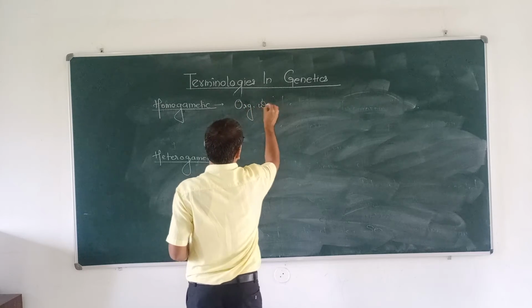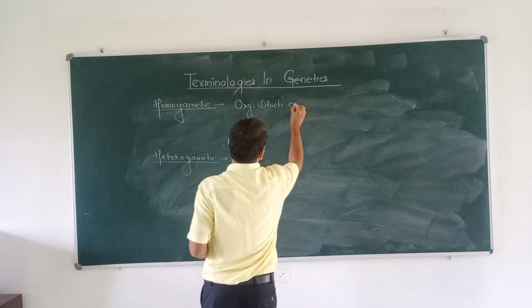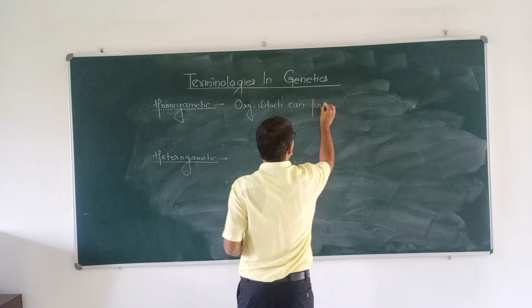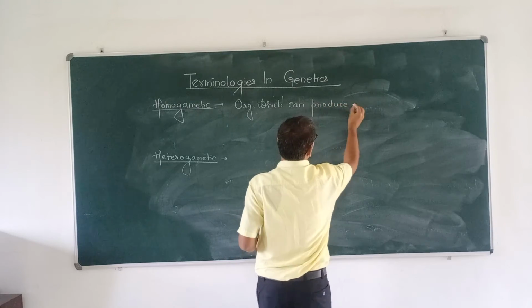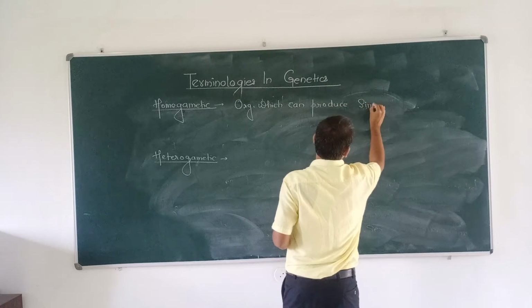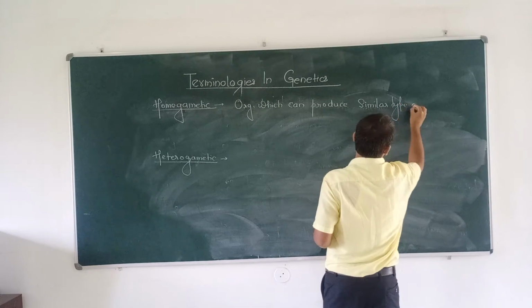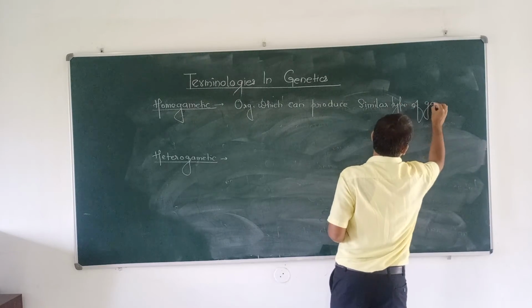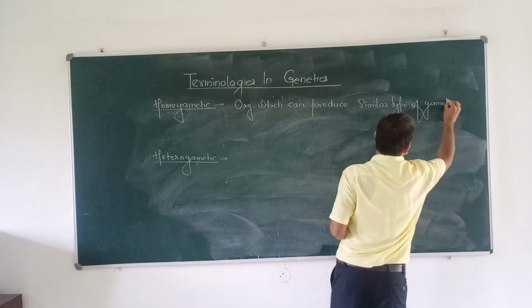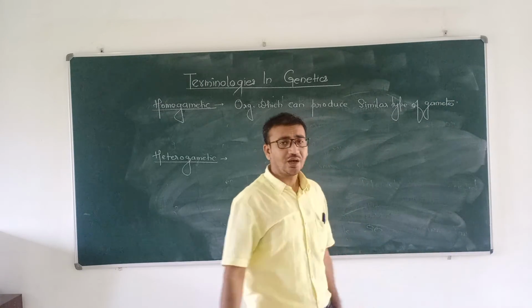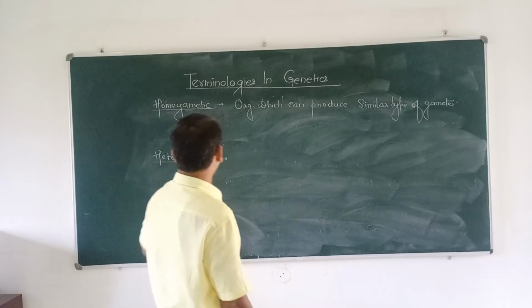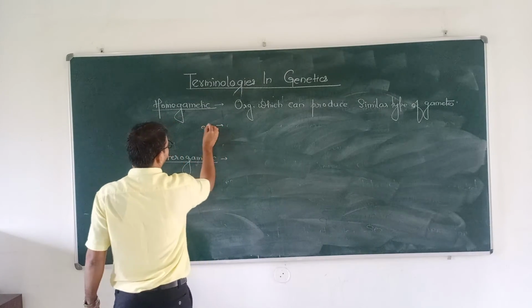Organisms which can produce similar type of gametes are called as homogametic.